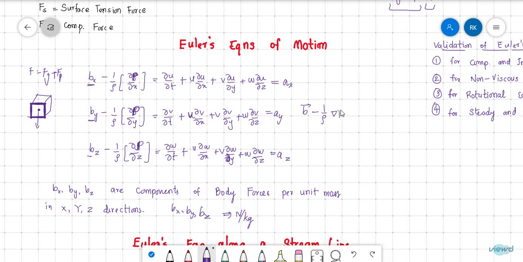That is del p, which is equal to acceleration. So this is Euler's equation. Remember this, you can write all three equations from this single equation. This is the body force per unit mass, this is the pressure gradient, and this is the acceleration. You don't need to derive this, just remember Euler's equation of motion.